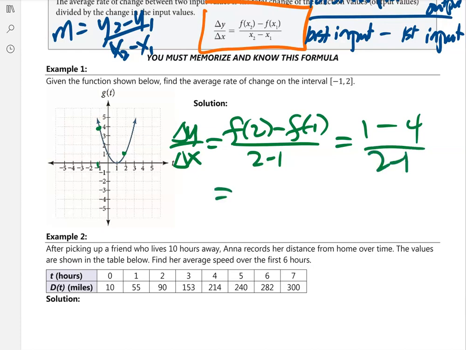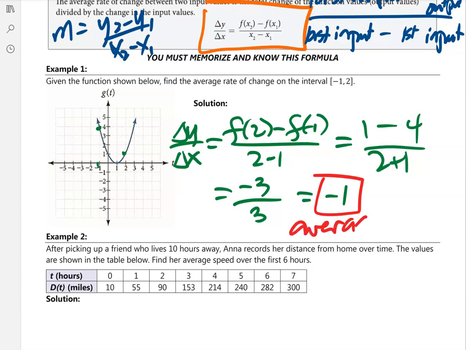Let me correct: that is 1 minus 4, which is -3, over 2 plus 1, which is 3. -3 over 3 is -1. So this is the average rate of change. Okay.